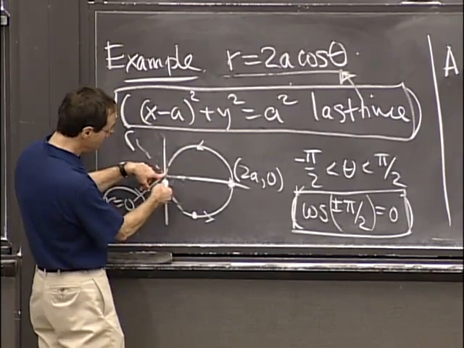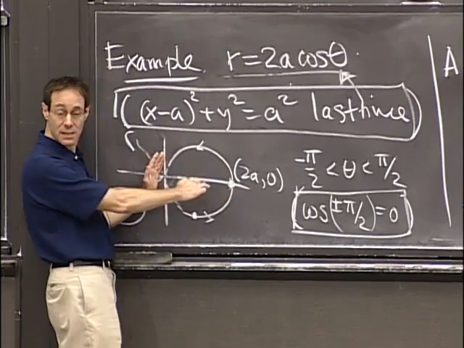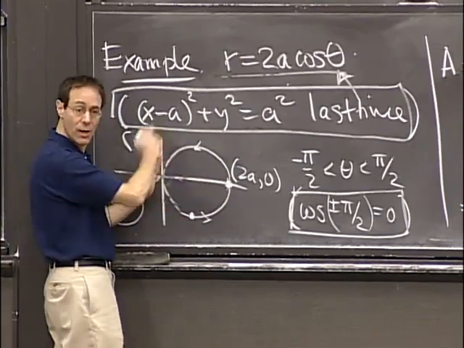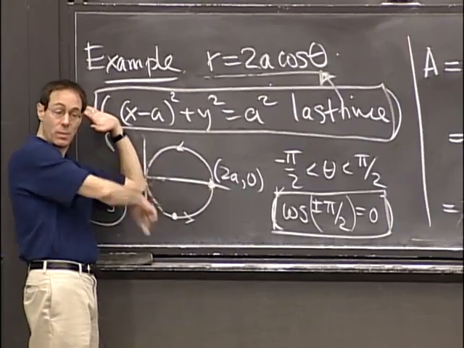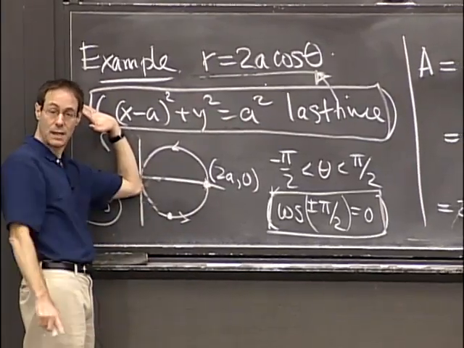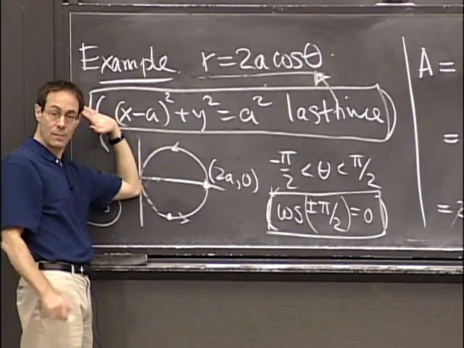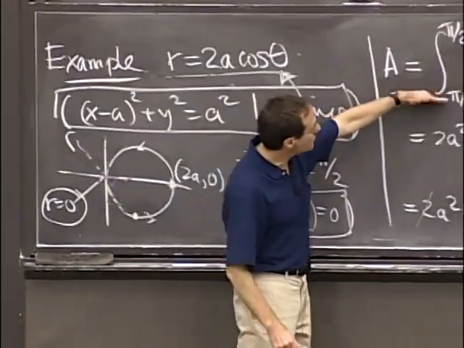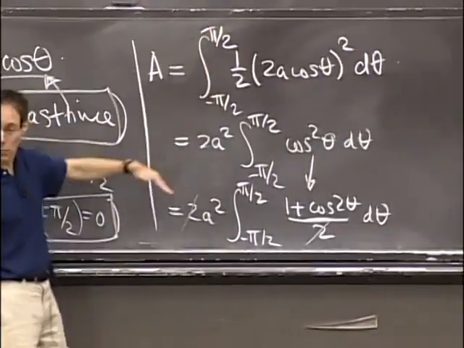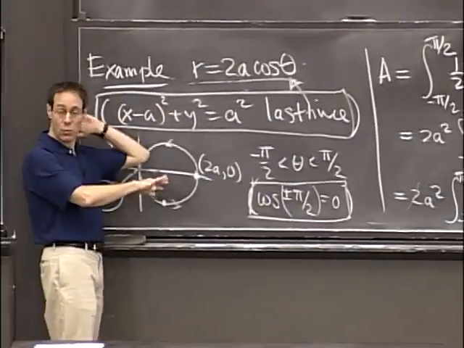So what happens is it goes around once, and then when I point out this way, it sweeps around a second time. It just keeps on going around the same circle. So over here it's empty because it's pointing the other way and it's sweeping around the same curve a second time. Right? Now, if you were foolish enough to integrate, say, from 0 to 2 pi or some wider range, what would happen is you would just double the area because you would have swept it out twice.